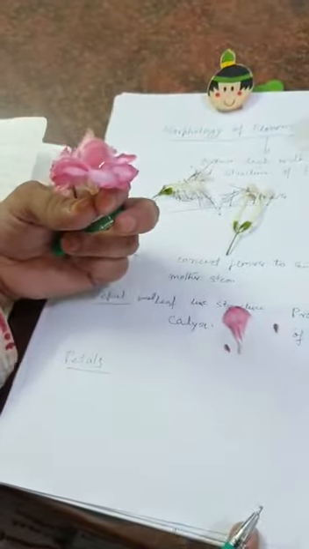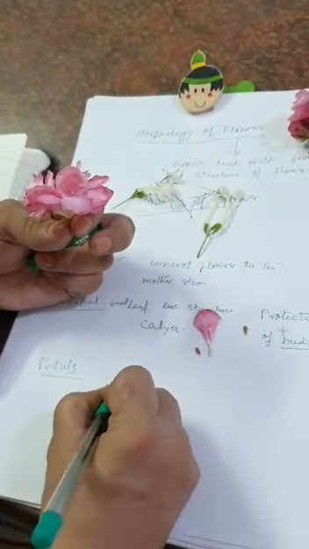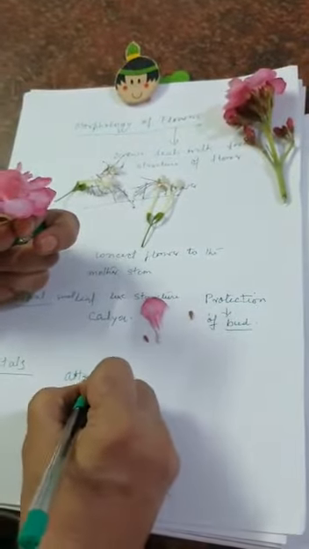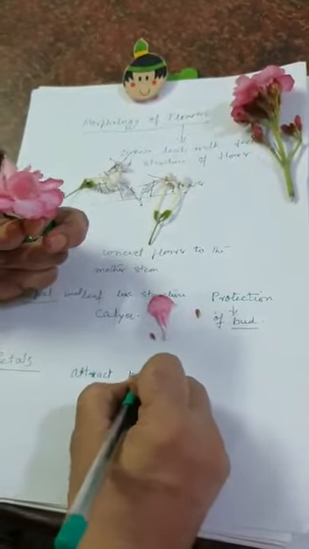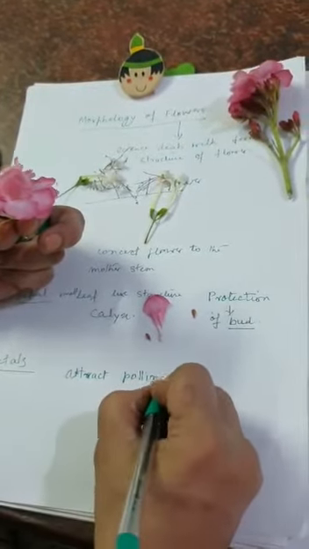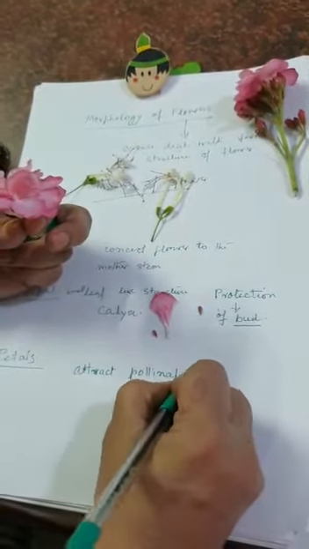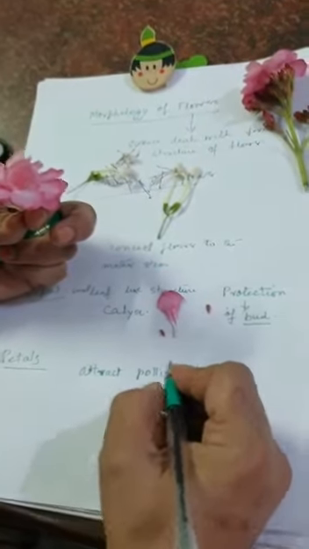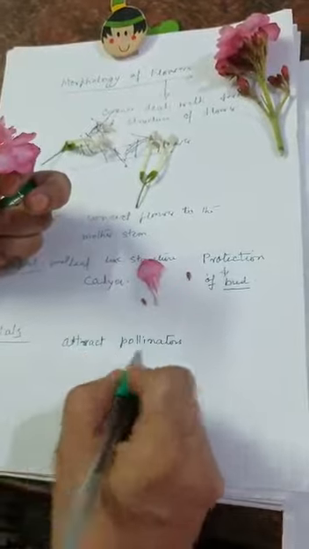Its main function is to attract pollinators for the purpose of pollination, pollinators such as insects, butterflies, etc.